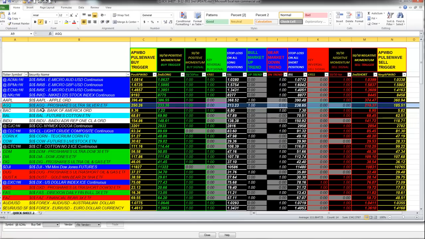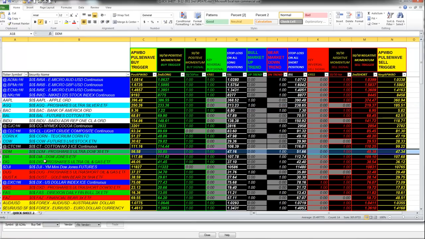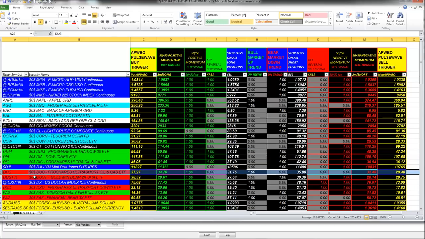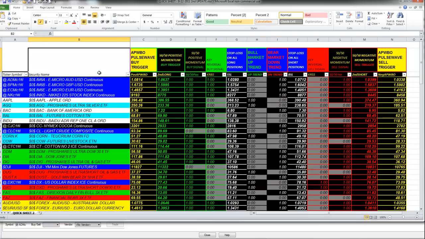Then we have just regular equities, which are black and white. Your green highlights are your long ETFs, such as the stock indexes like the Dow, NASDAQ, and S&P. And the red is your inverse ETFs, like short oil, short gold, short silver. So it's very simple.